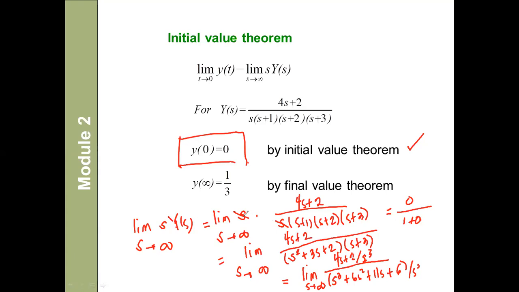Okay? As for the final value theorem, you just simply have to check whether the product of s and your y of s will be not equal to infinity when you substitute a value of s which is greater than 0, or real values of s greater than 0. So for me not to repeat again, you will actually be taking the same product that I have here. So the resulting expression would be this one still. Okay?